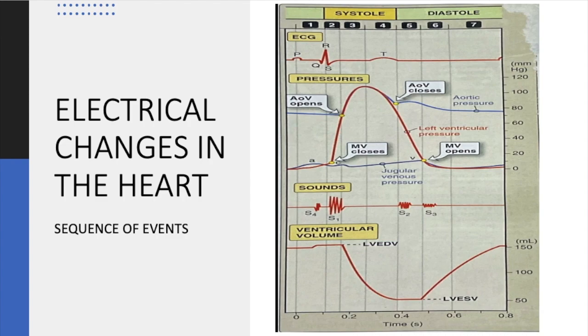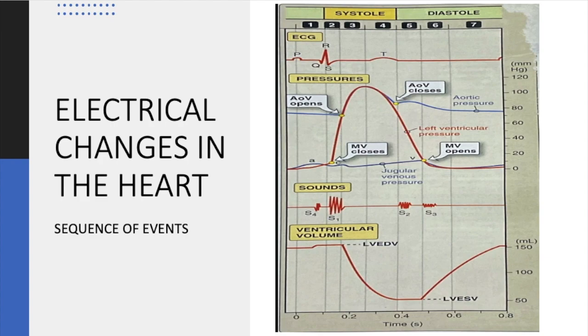Intraventricular pressure rises rapidly and forces the mitral valve closed. Now the contraction is initially isovolumic. Once the luminal pressure exceeds the aortic pressure, the aortic valve opens, and as soon as the aortic valve opens, the rapid ejection begins.